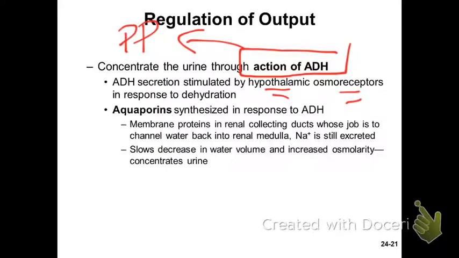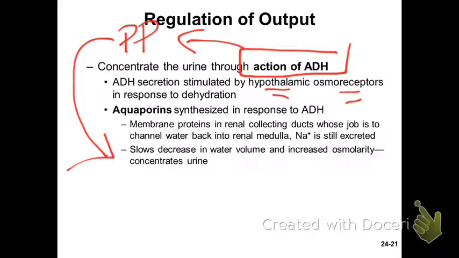So I think of this as being like bile, right? Bile is produced by the liver, but is stored largely in the gallbladder. Same idea. ADH is produced by the hypothalamus and stored in the posterior pituitary until it is released. Now it's going to be released and go to the kidneys.